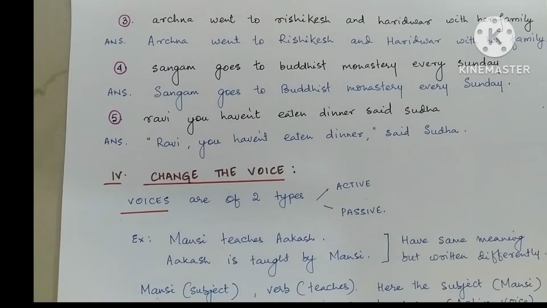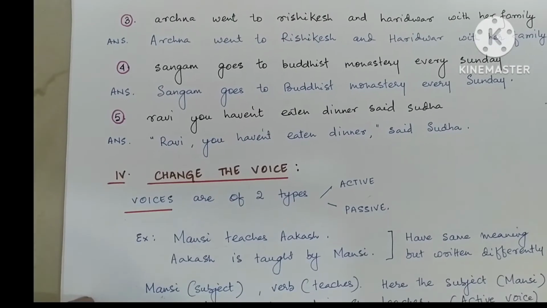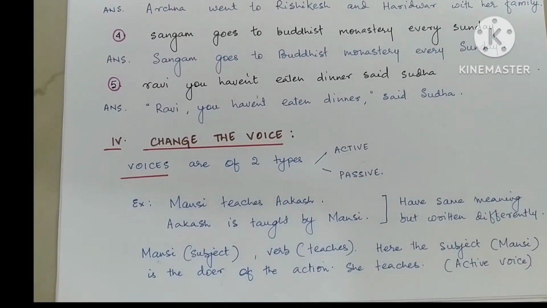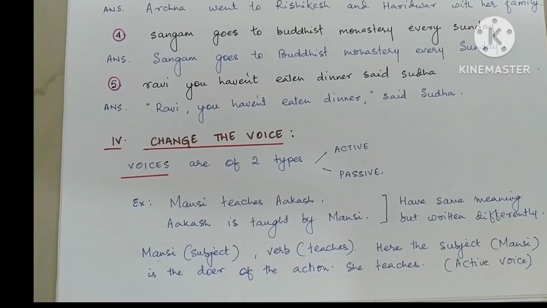Now number 4, change the voice. Voices are of two types. To refresh your memory, they are active voice and passive voice. For example, I will give you: Mansi teaches Akash. Akash is taught by Mansi. Both these sentences have the same meaning, but they are written differently.